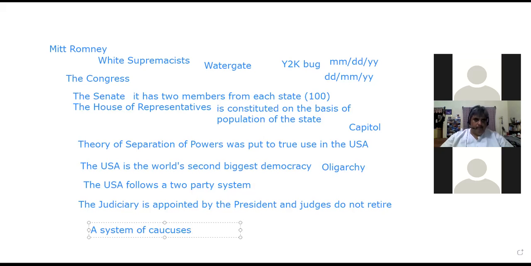What is a caucus? A caucus is a group of people, like-minded people, who have a certain kind of purpose. So you have a system of caucuses there.